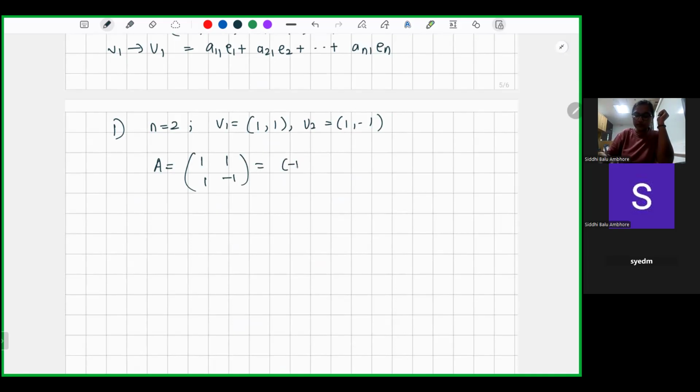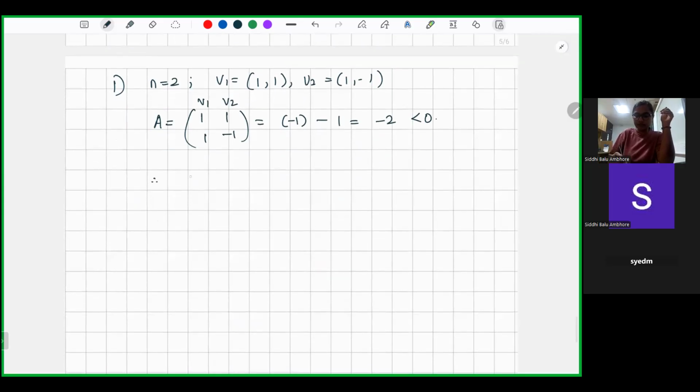And the determinant of this will be minus 1 minus 1 minus 1, so that is minus 2. That is less than 0. Let me write this here, v1 and v2. And therefore this does not follow the standard orientation.